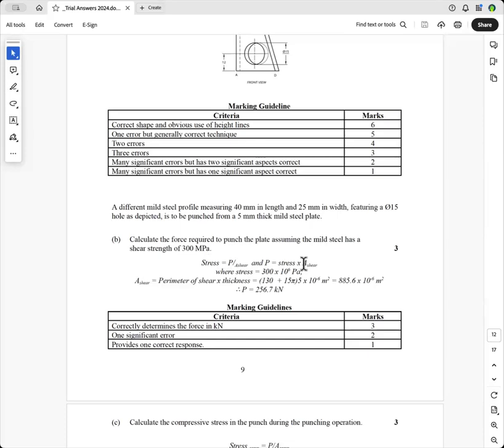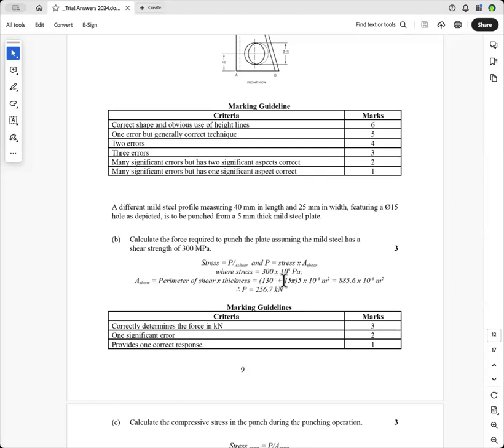and so therefore the load is equal to stress times the area of shear, where the stress is 300 times 10 to the 6 pascals, because that's the shear strength of the plate. And the area of shear is the perimeter of this plate. So it is twice 40 is 80 plus 50. So the outside perimeter is 130. But then you've got to add the perimeter of the hole, because the punch is cutting through that as well.